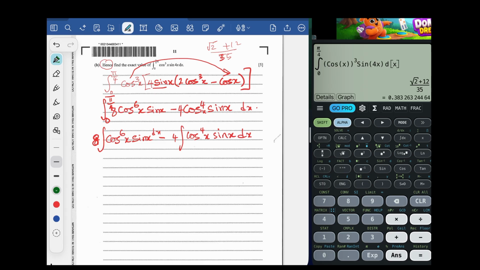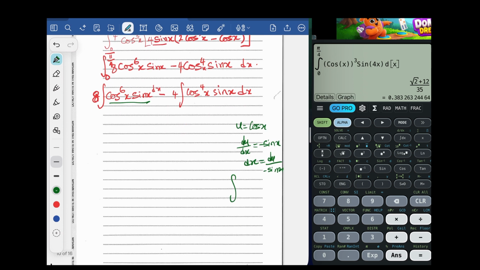So let's say I want to integrate this, right? So let u be cos x. Okay, so du/dx will be minus sine x. So dx will be du over minus sine x. So if I'm integrating that, how does it come?